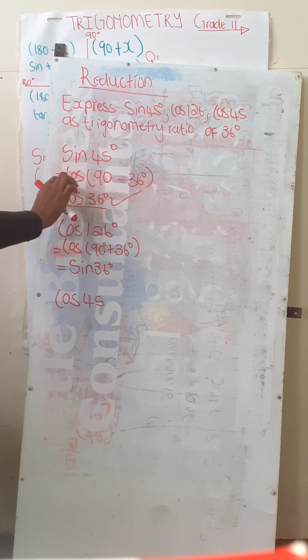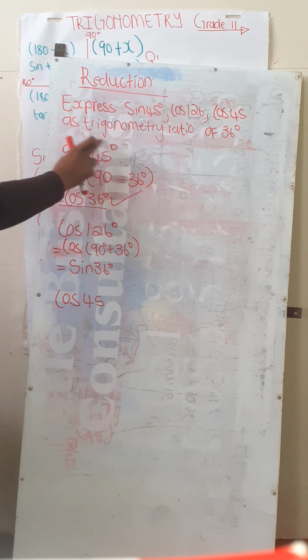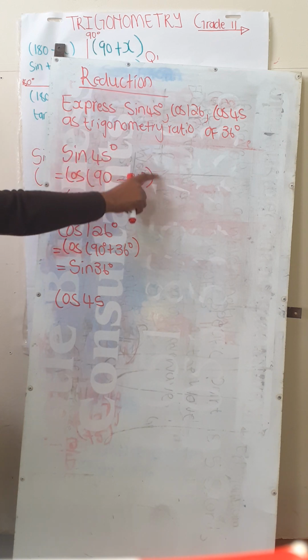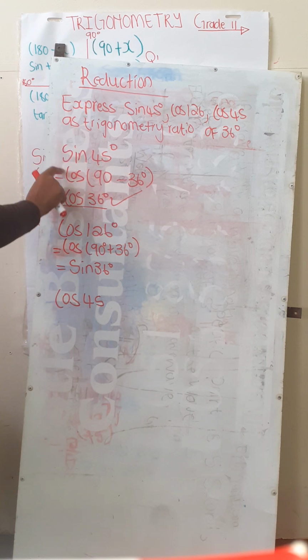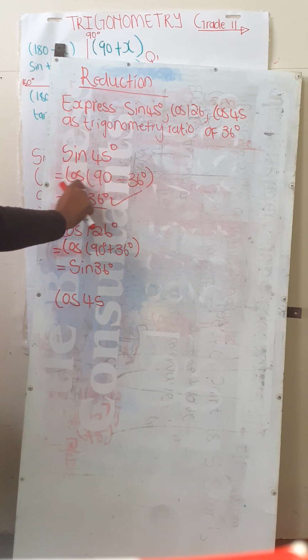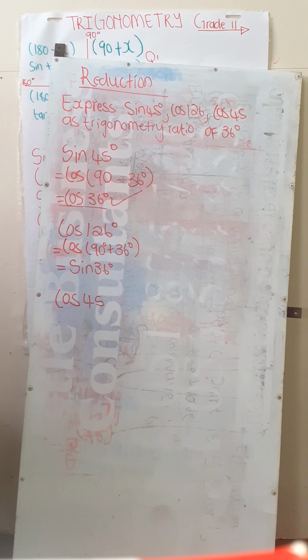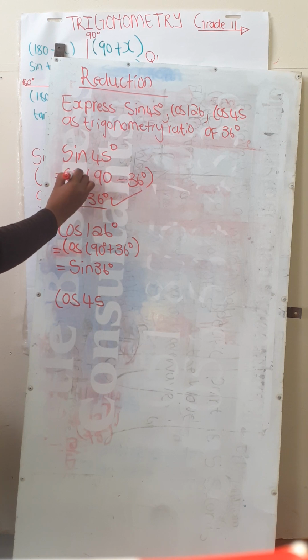So sorry about that, because when you have cos 90 minus, you know that this is what changes, not this. This is what qualifies to change as sine, not sine 45. So this is what qualifies to change, right? Okay, no, here I wrote it correctly, and then here I didn't write it correctly.